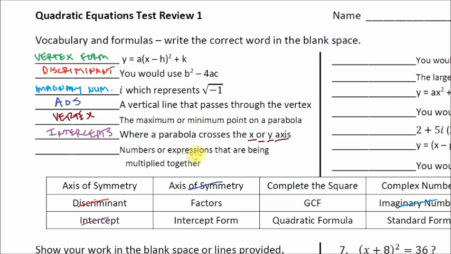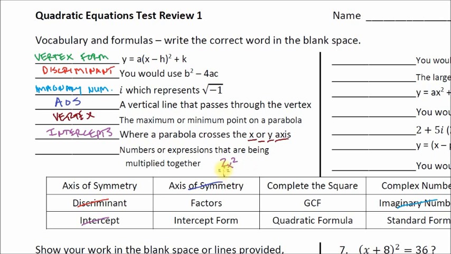Okay, numbers or expressions that are being multiplied together, when we have an equation like 2x squared plus 12x minus 3. Actually, let me correct myself on that. Numbers or expressions that are being multiplied together.